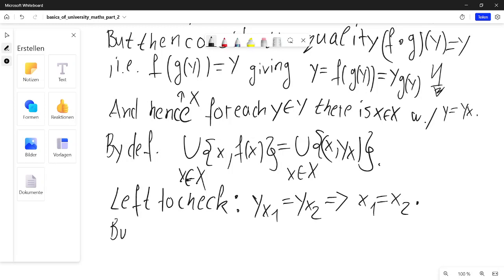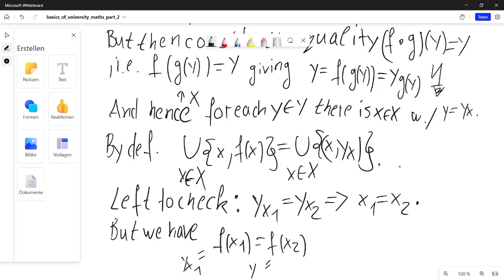But we have f of x1 equal f of x2, which is equal to y(x1) equal to y(x2) by our definition. Therefore, and of course, those are elements x1, x2, any two elements of X.